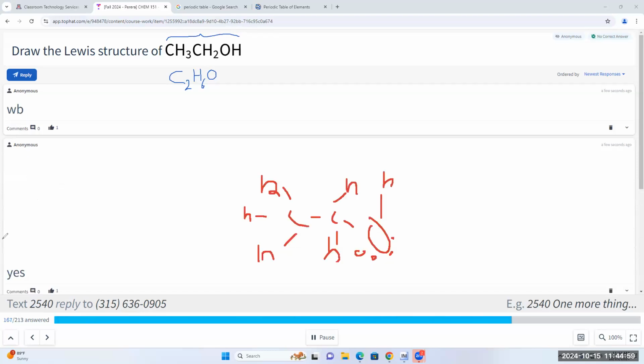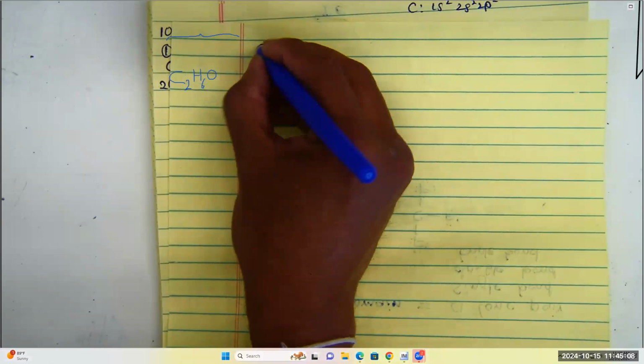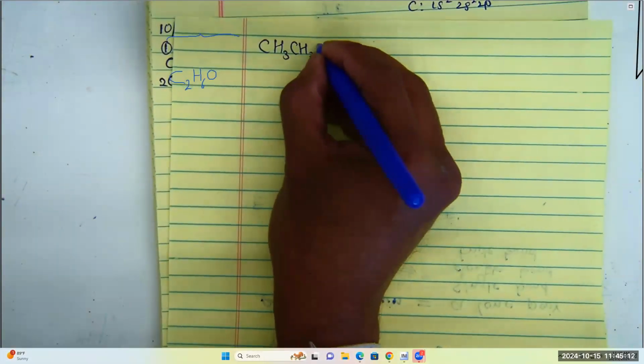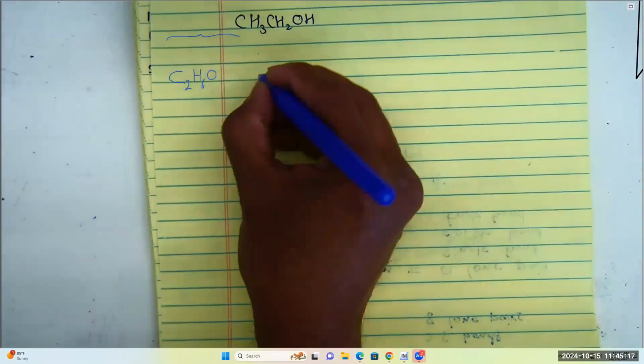What do I mean by that? I'm going to draw this in my notebook now. If you have the chemical formula given to you like this, what this means is we have this carbon over here first.